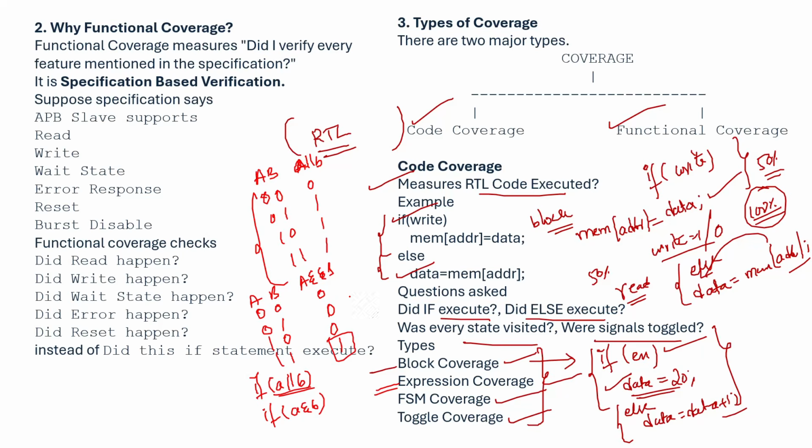Now if both are correct, only then does the door open, right? If both inputs are true, then we open the door. Then we need to check all these combinations, whether all of them are verified or not.